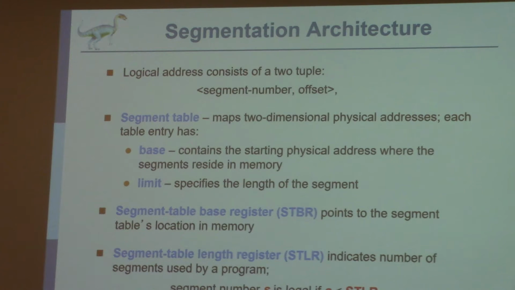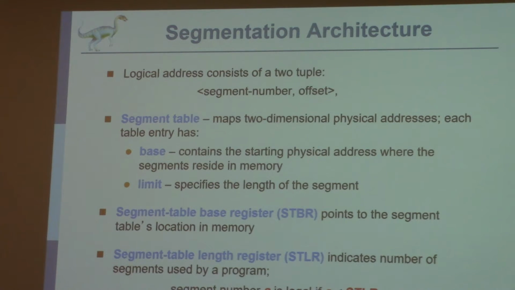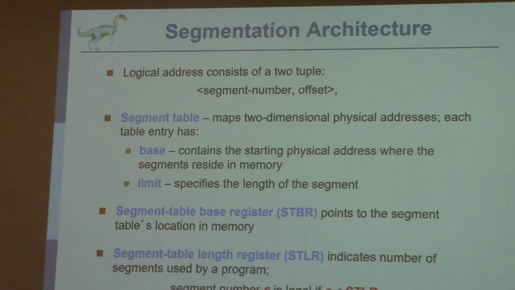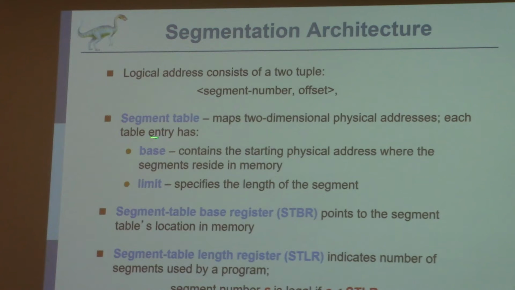At that time, just like what we did before with base and limit, and also the MMU, we need to know where is the starting address, where is the limit, and what is the logical address and the physical address. Similarly, for each segment, we need to know the base and the limit of each segment.